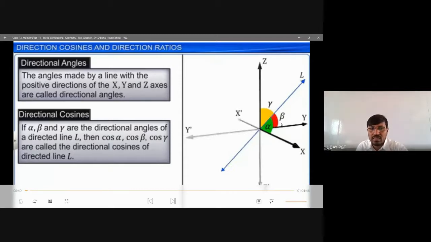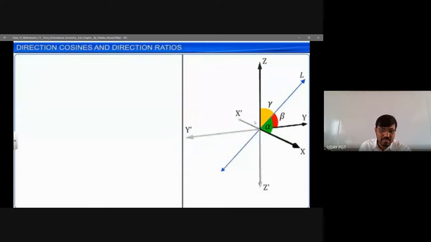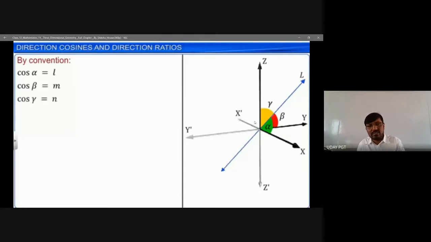So like that, if a line is making angles alpha, beta, gamma with these coordinate axes, then cos alpha, cos beta, cos gamma are called direction cosines of that particular line. Normally we denote cos alpha by l, cos beta by m, and cos gamma by n.